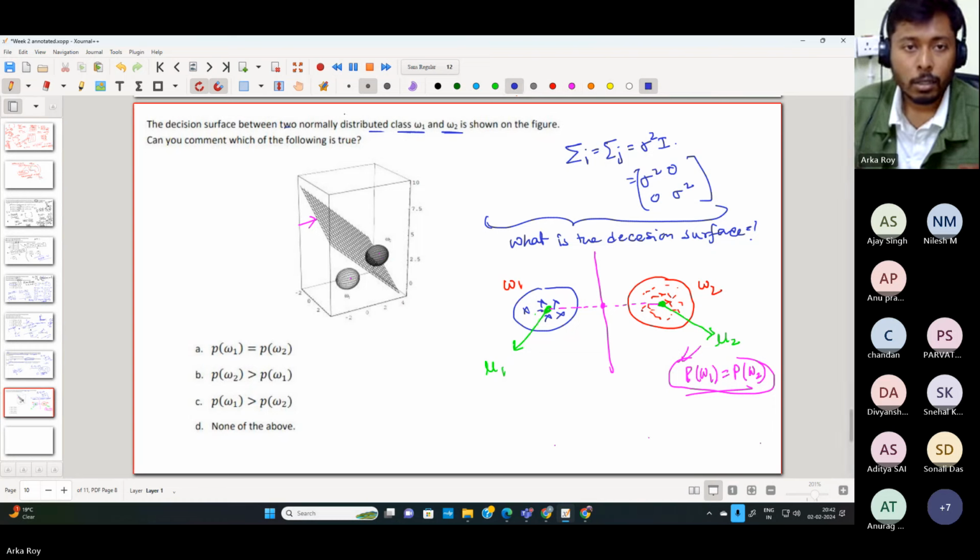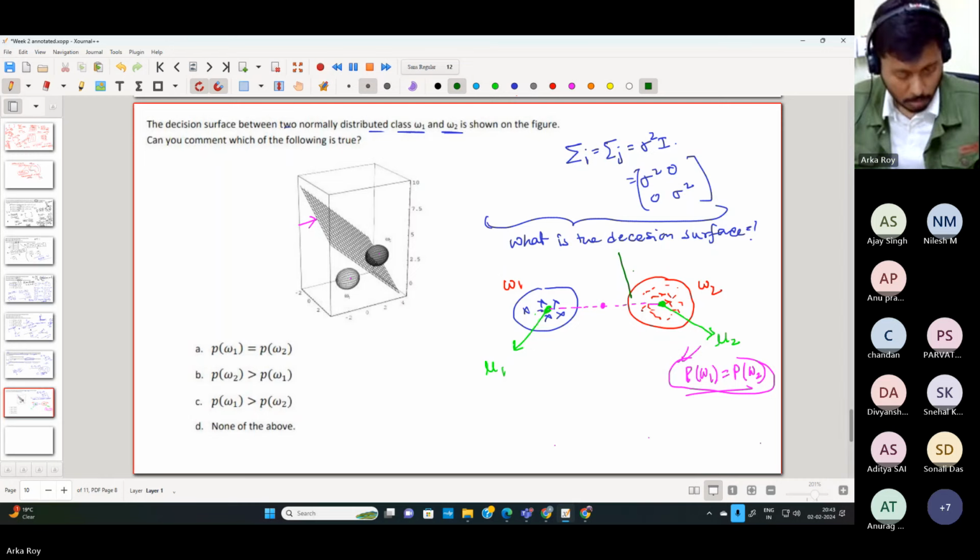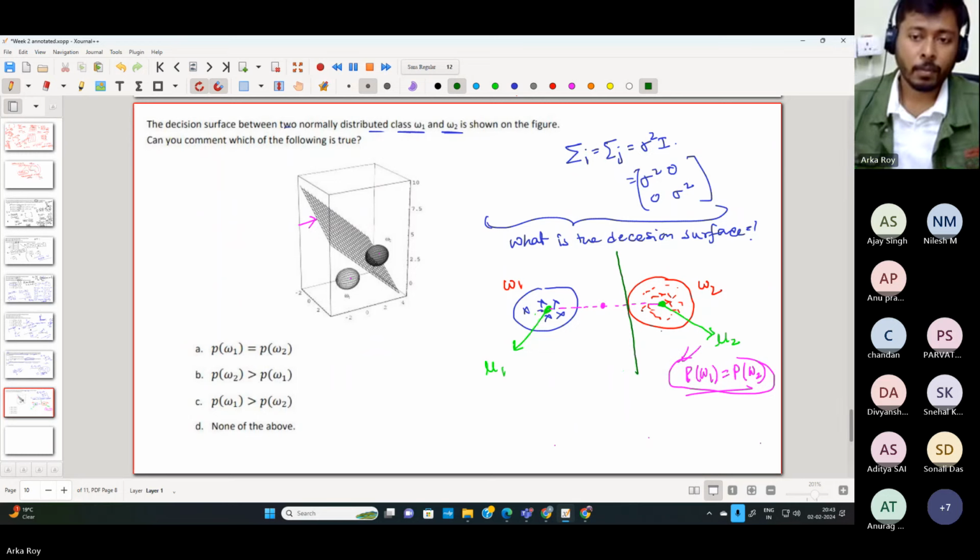Yes. So if I draw this 2D diagram into a 3D diagram, so it looks like this. If I draw the decision boundary, it looks like this.